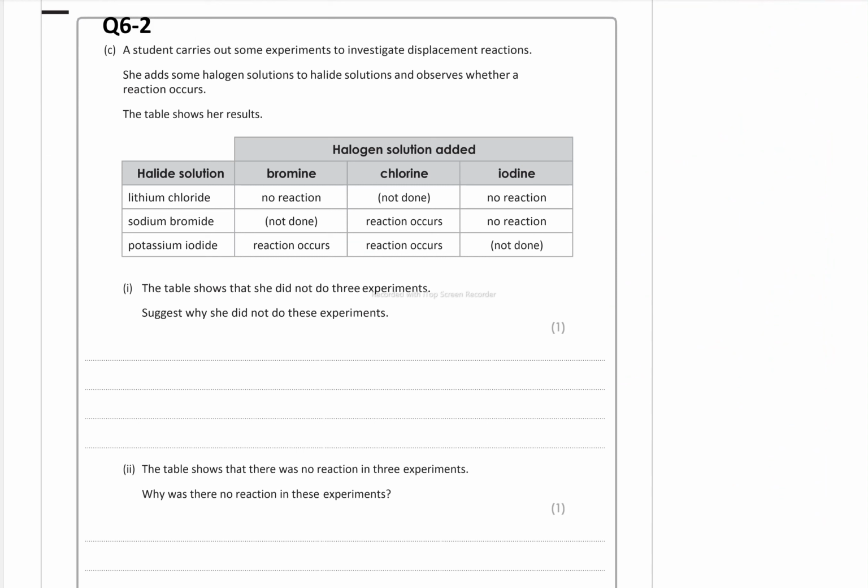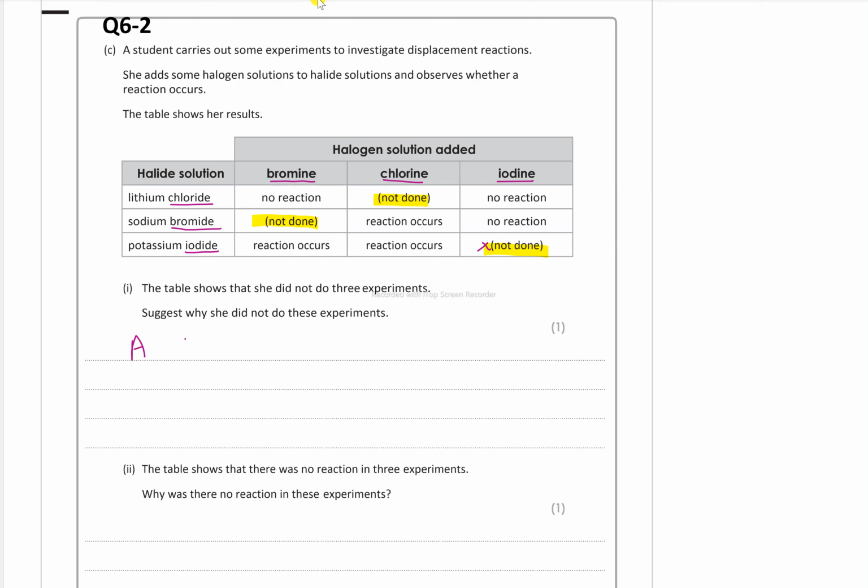Right, a student carries out some experiments to investigate the reaction. Why did she not do some of these experiments? If you look at this one and this one, it's like the previous question. Have you noticed that's bromide and you don't react it with bromine? This is chloride, you don't react it with chlorine, and same way this is iodide, you don't react it with iodine.